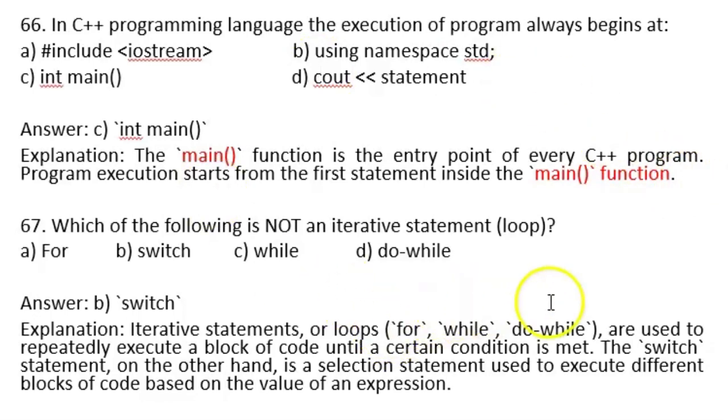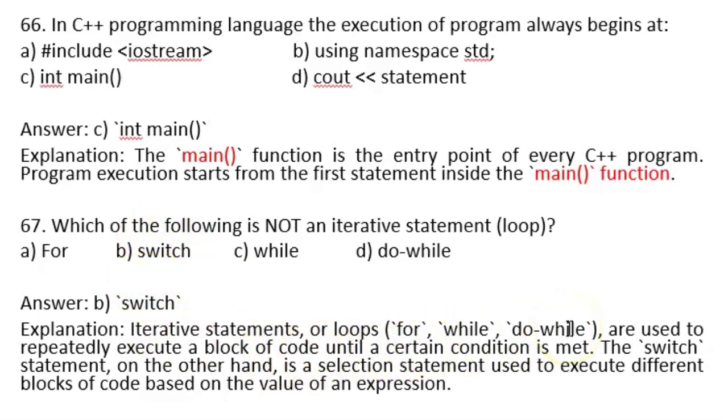Question 67. Which of the following is not an iterative statement loop? A, for, B, switch, C, while, D, do while. The answer is switch.